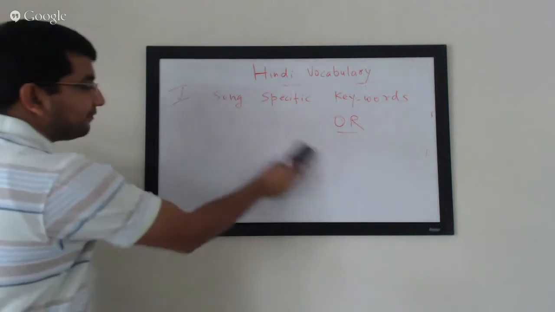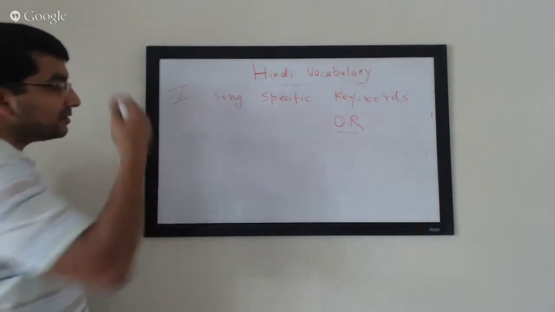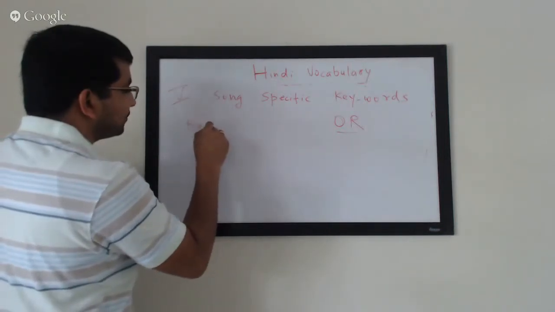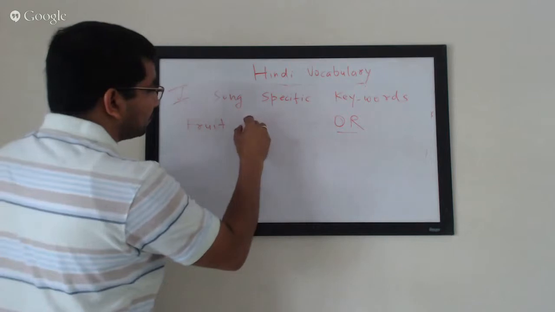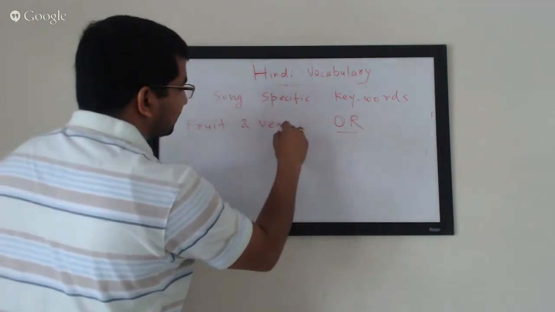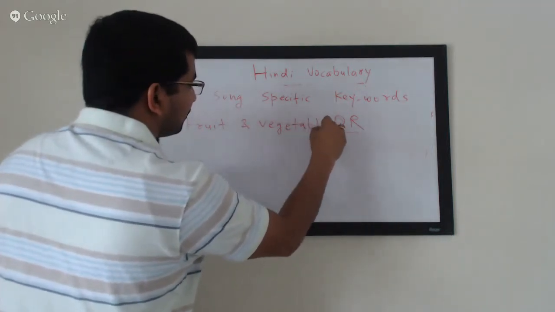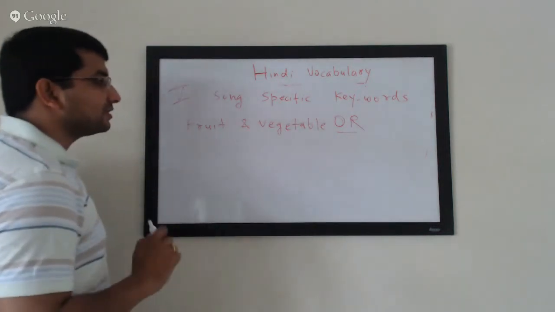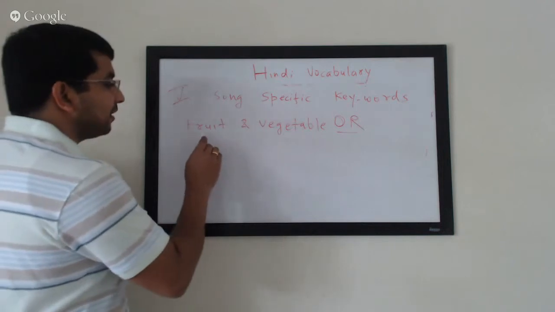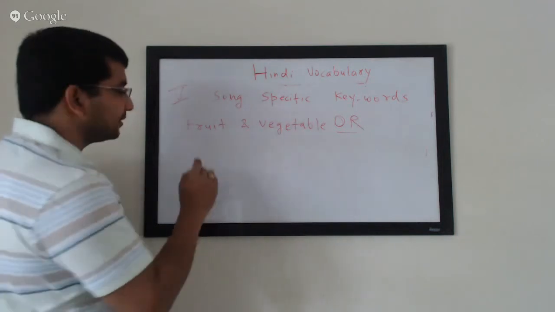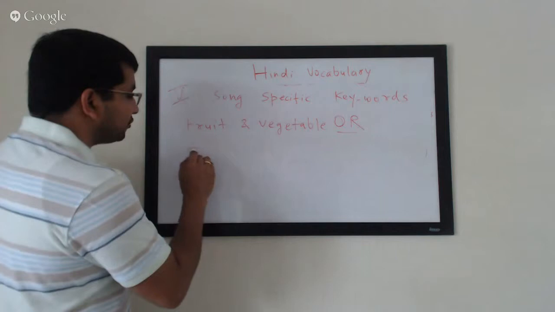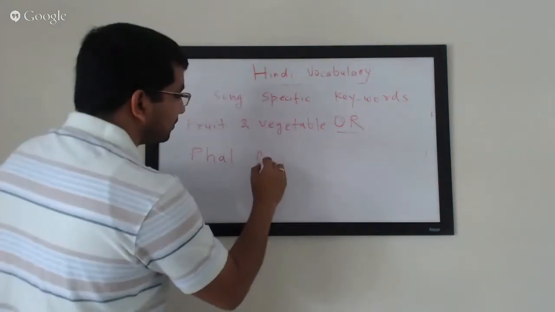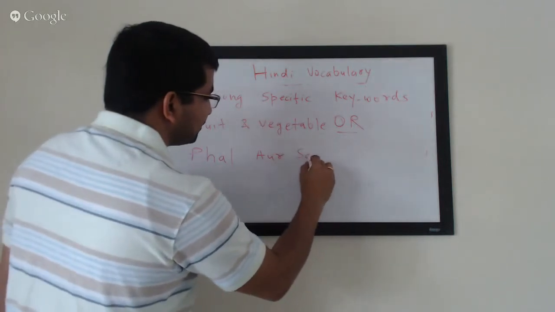So again, if you were to use it in the same context as before, like fruits and vegetables, it might mean two completely different things. If you're going to a doctor, and the doctor is recommending that you should eat fruits and vegetables, one would be that you should eat fal or sabji.